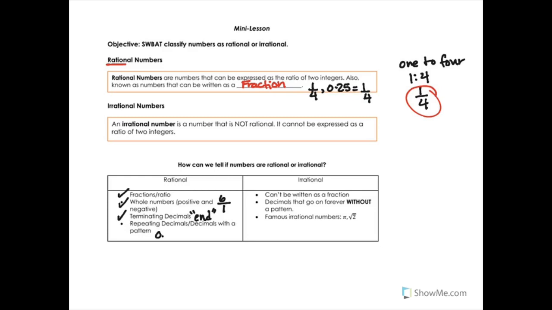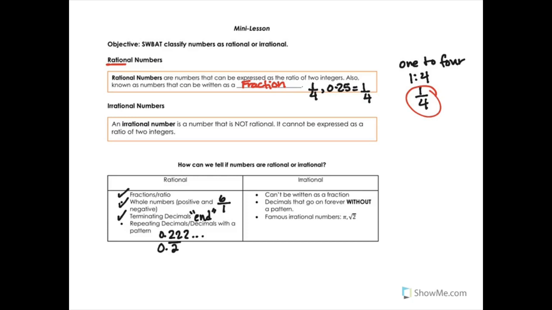So for example, if I see something like this, 0.2 with a bar on top, well, I know that's 0.2222222 and it goes on forever, but because it's a repeating decimal, I know that 0.2 with a bar on top, or 0.22222, is rational because it repeats the same number over and over again. Okay, there is a pattern. Any decimal with a pattern is rational.